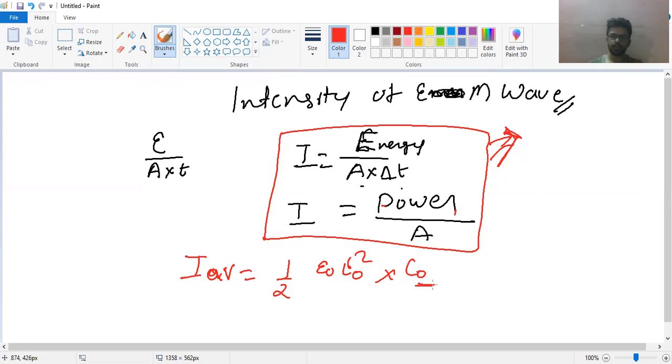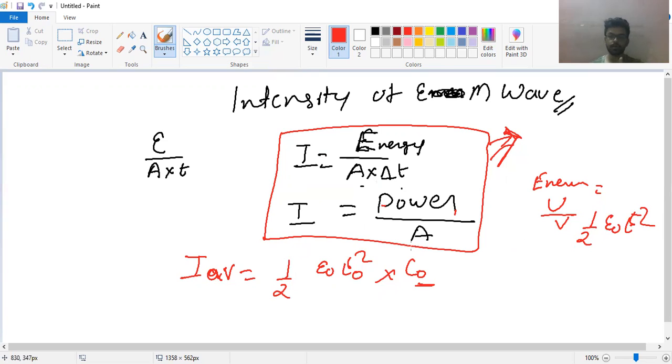Why? Now I am giving you the reason. We know energy density is energy per unit volume. The energy density of the electric field is given by 1 by 2 epsilon naught E square. I have given you this; go to the previous section and see the energy density of an electric field.